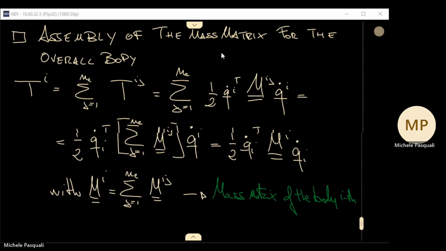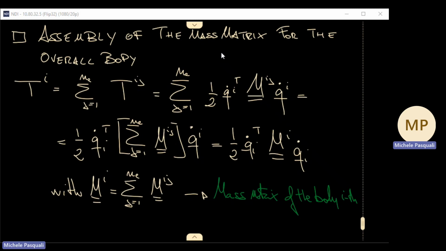All right, but in terms of submatrices, what is the impact of this finding? Or if you want more straightforwardly, how do we pass from the submatrices of the element, submass matrices of the element, to the submatrices of the mass matrix of the body?